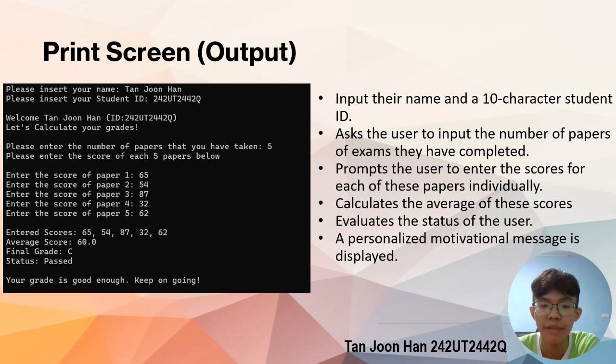The program further evaluates that the user has passed since the grade is not F. A personalized motivational message, "Your grade is good enough, keep on going," is displayed based on the calculated grade to encourage the user to maintain or improve their performance in upcoming examinations or assignments. Thank you.